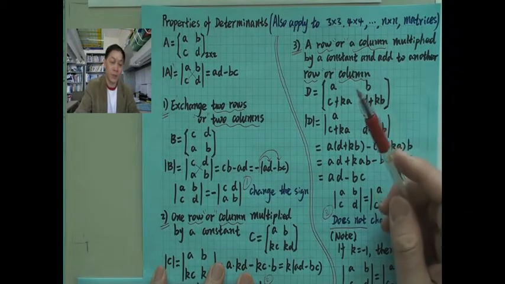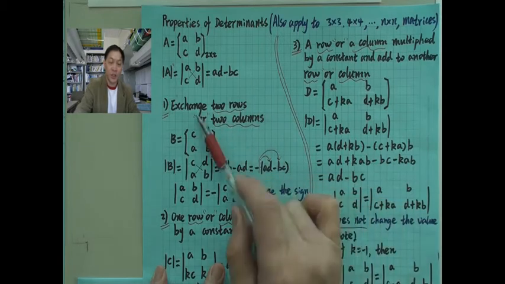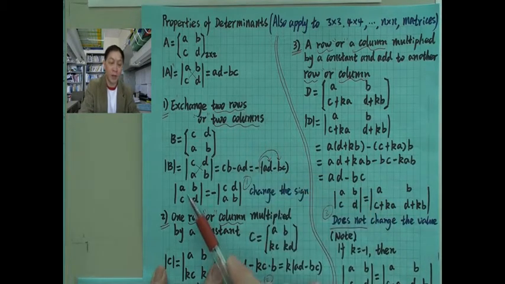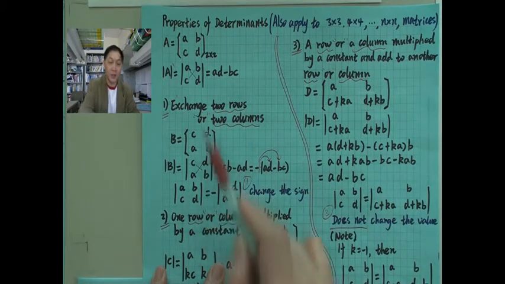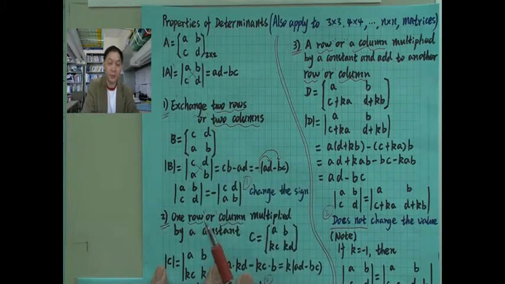So here it says that if you exchange 2 rows, the determinant of A B C D equals the determinant of C D A B with a negative sign in front of it.